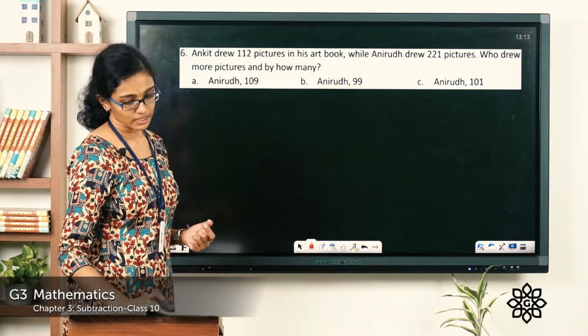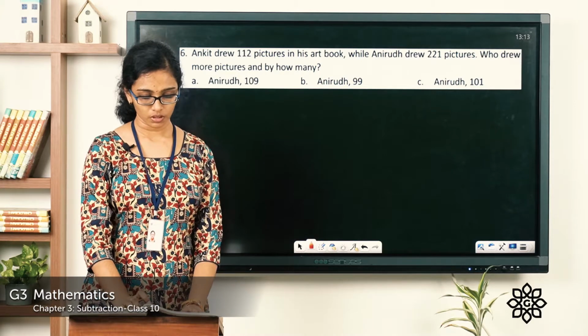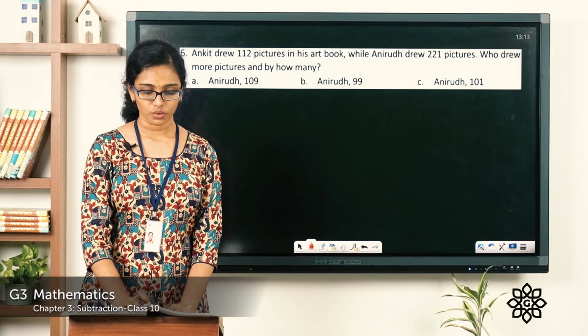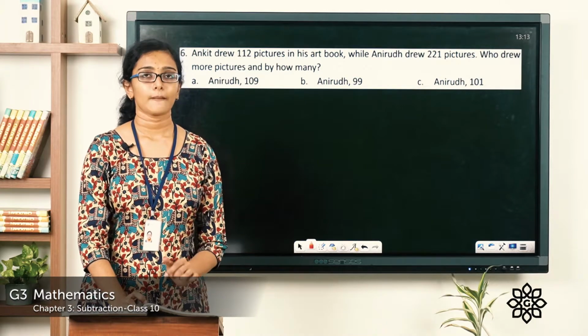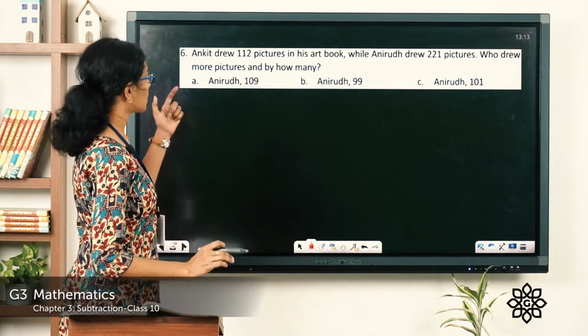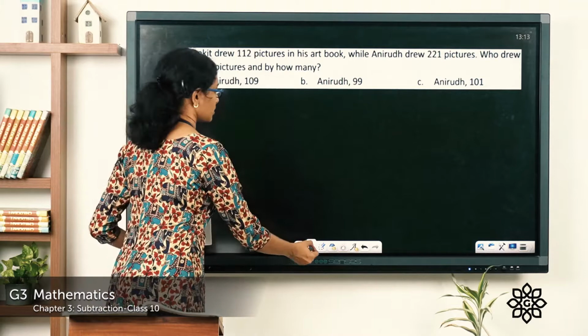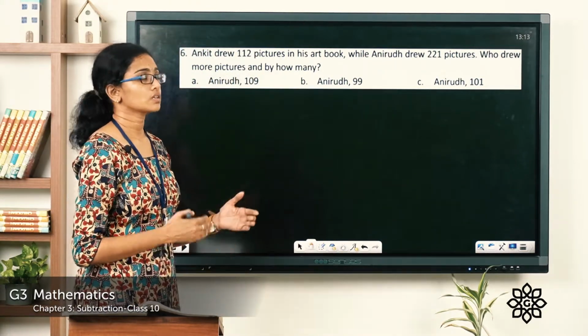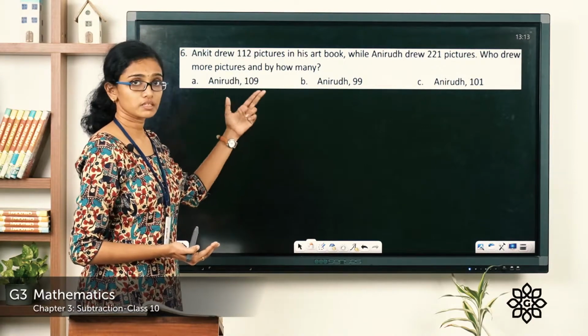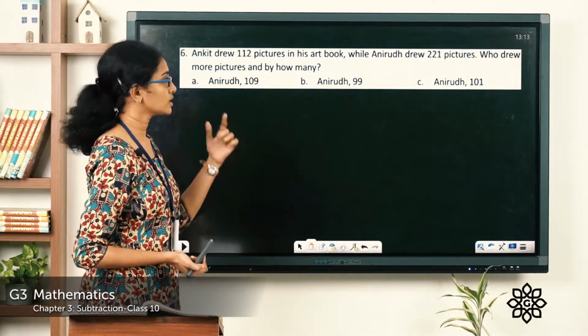Ankit drew 112 pictures in his art book, while Anirudh drew 221 pictures. Who drew more pictures and by how many? So Ankit drew how many pictures? 112, and Anirudh drew 221 pictures. So from the values, from the question itself, we know who drew more pictures.